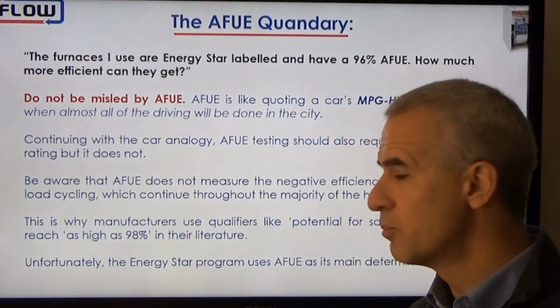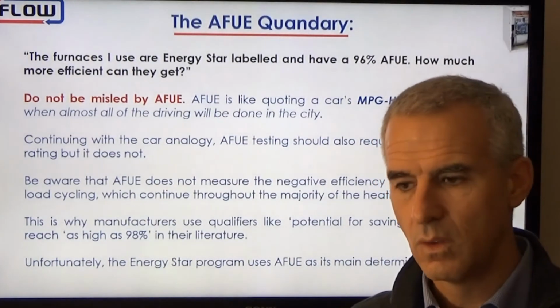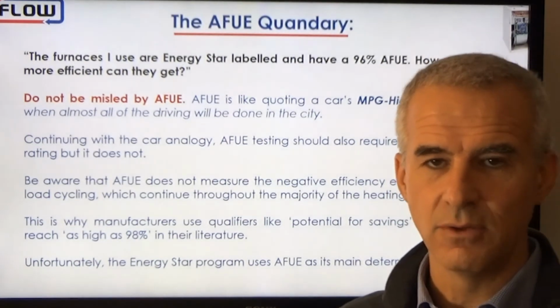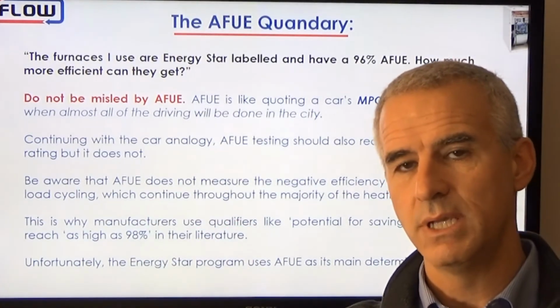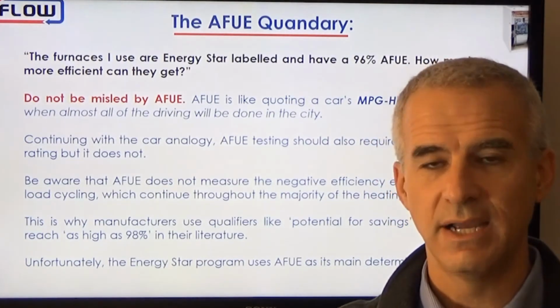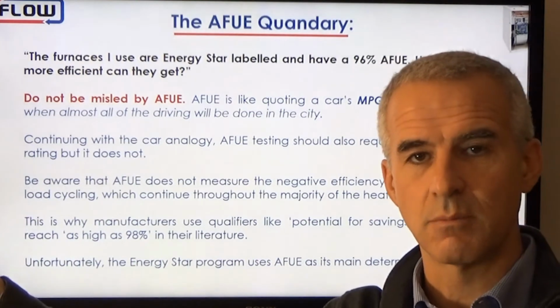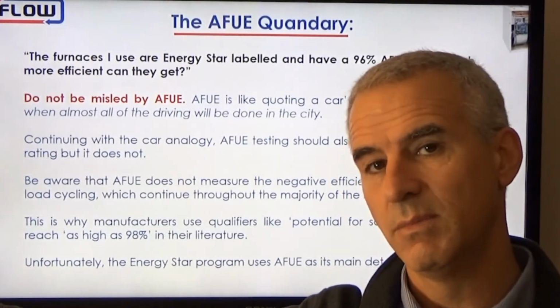Unfortunately, the Energy Star program uses AFUE as their main determinant. So saying I've got a high AFUE and I'm on the Energy Star program is like saying the same thing, because once you hit a high AFUE, you're on the Energy Star program, and then many of the rebates are based on the Energy Star program listing.